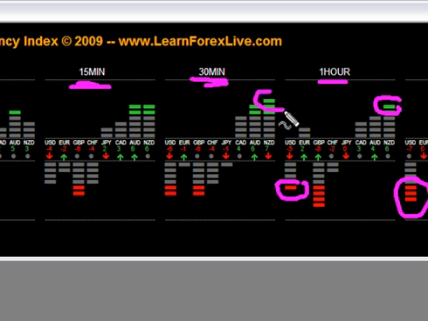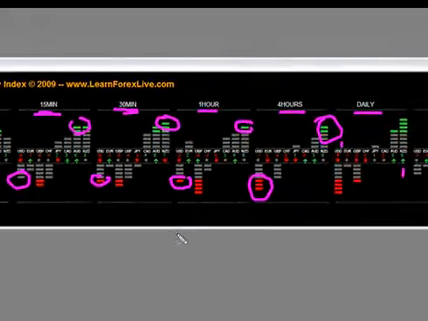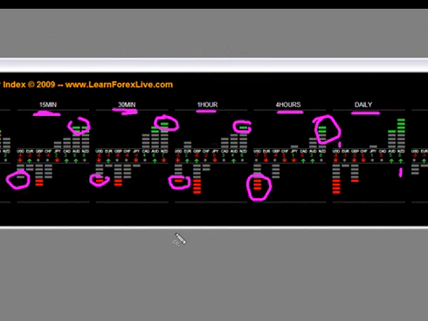The New Zealand dollar on the 30-minute time frame printing a plus 7 points of strength, the American dollar a minus 6 points of strength, so on and so forth. In every single currency, in every single time frame that I check, in all of them, the New Zealand dollar is getting stronger, the American dollar is getting weaker.